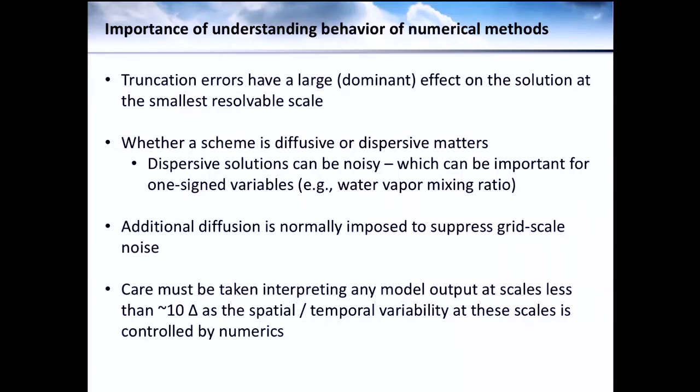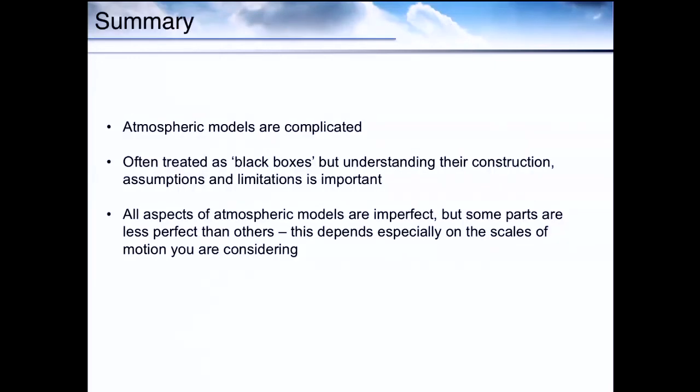All right, I'm going to finish now. My last slide. Summary. Atmospheric models are complicated. So are ocean models. So are all models. They're all complicated, and they've got so many different components. And many of us use them as black boxes, and that's okay. You can do a lot of valuable things by treating models as black boxes.